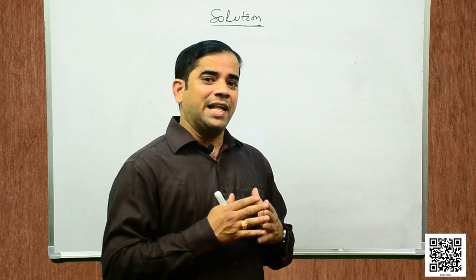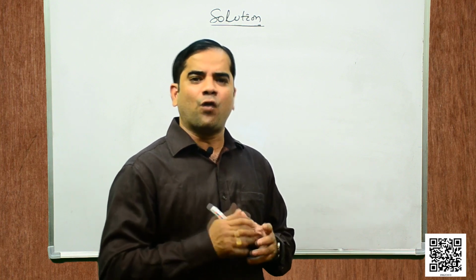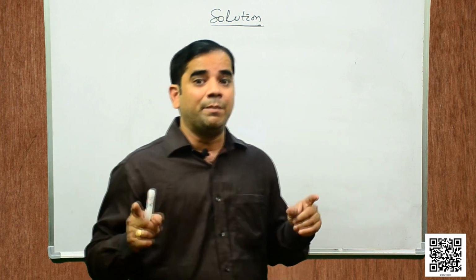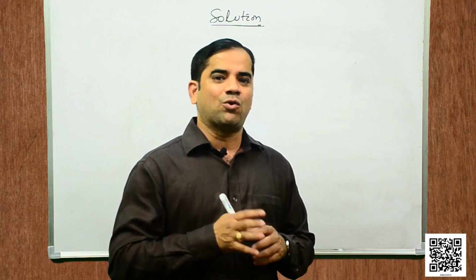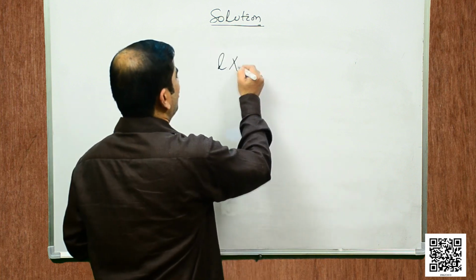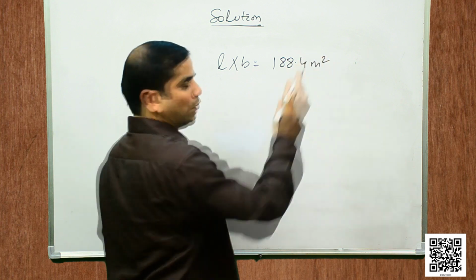So, length into breadth is equal to 188.4. Why length into breadth? Because the tarpaulin sheet will be in the form of a rectangle. So, its area is equal to the area of the tent. So, length into breadth is equal to 188.4 meter square.